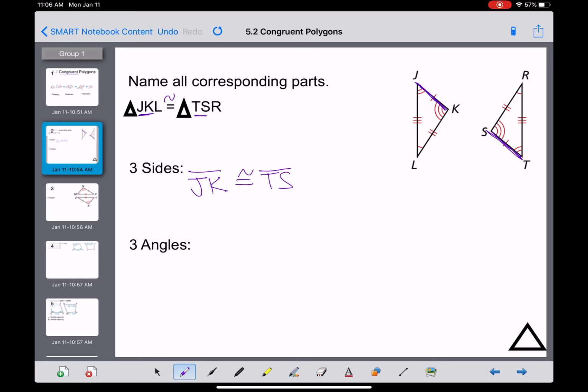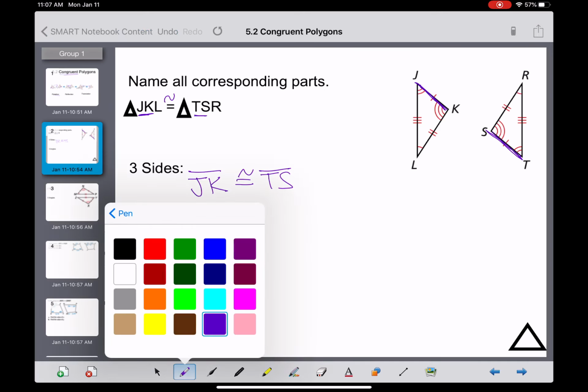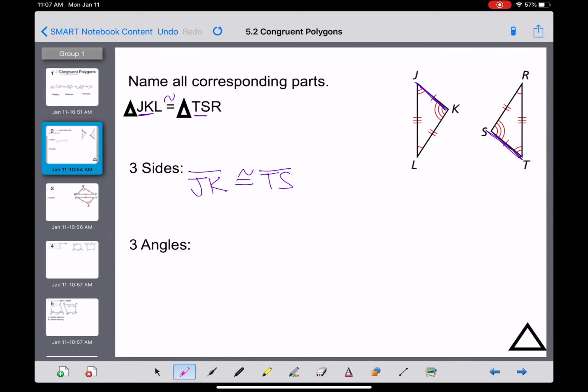JK and TS are in the same exact position with our congruency statements. All right, KL has two tick marks. SR has two tick marks. KL is congruent to SR. I can once again use my congruency statement: KL, SR.